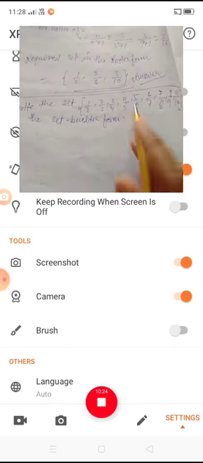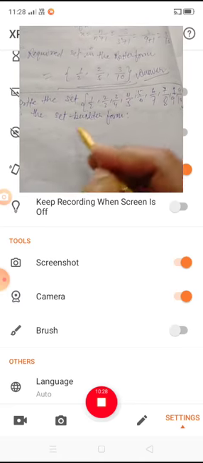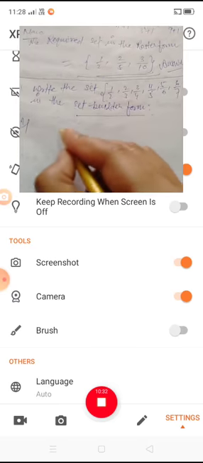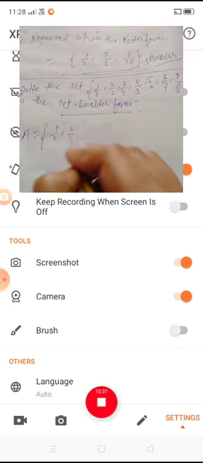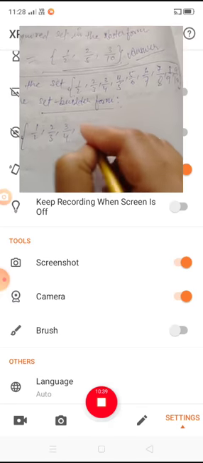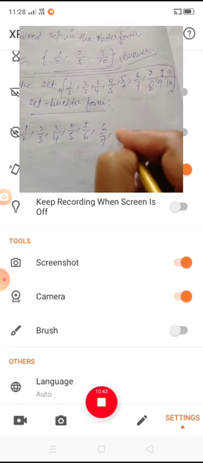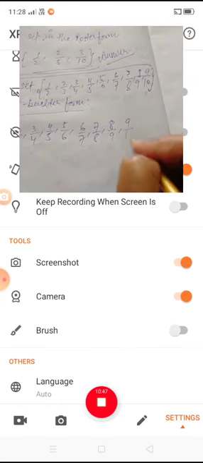Here this question is in roster form, and we convert it into set builder form. Here the given set A is {1 by 2, 2 by 3, 3 by 4, 4 by 5, 5 by 6, 6 by 7, 7 by 8, 8 by 9 and 9 by 10}.